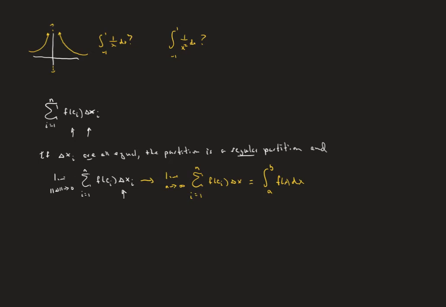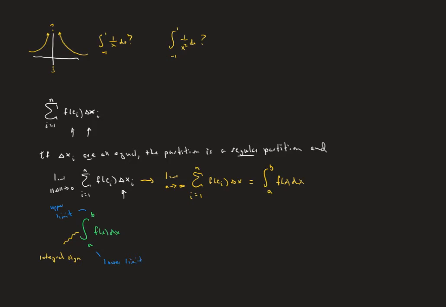So we have some symbolism, some language, some notation. Let's make sure that we understand what all of these things are and what we call them. So that funny stretched out S is an integral sign. The b is the upper limit, and the a is the lower limit of integration.